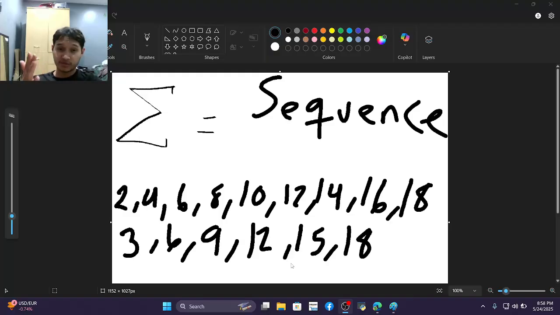We have to learn what a sequence is first. So right here we notice that we have 2, 4, 6, 8, 10, 12, 14, 16, and 18. This is a finite sequence consisting of positive even integers less than 20.